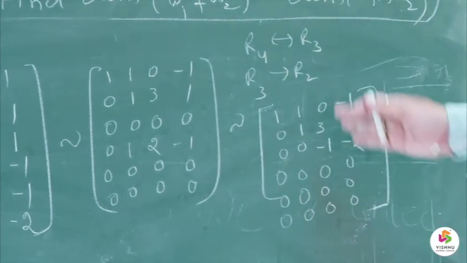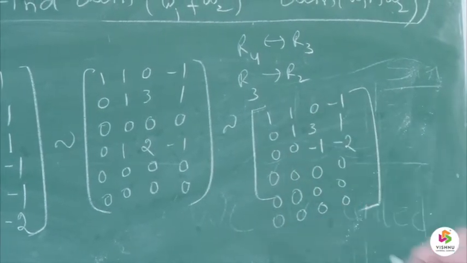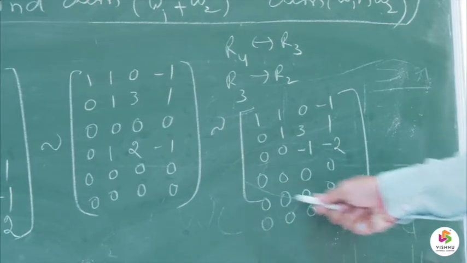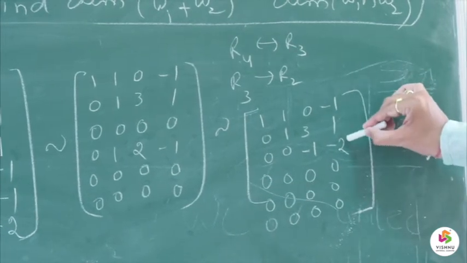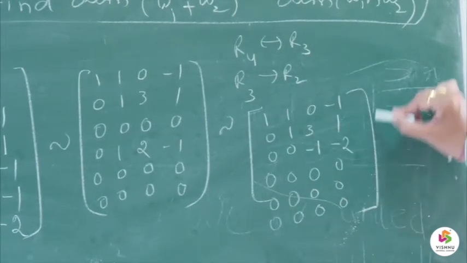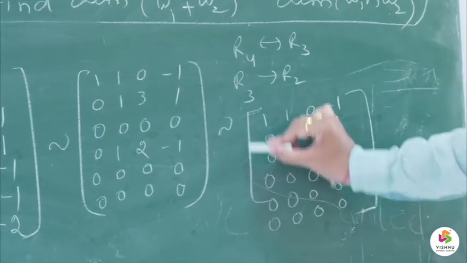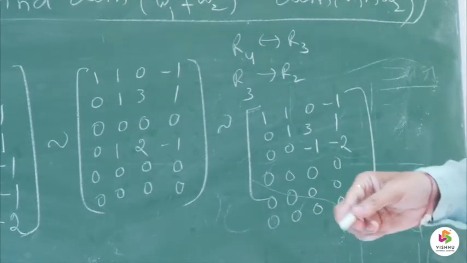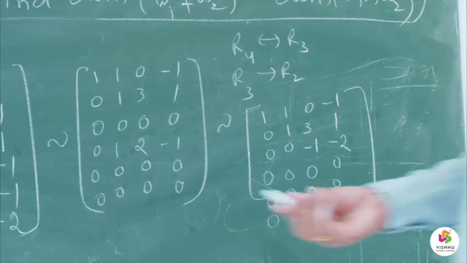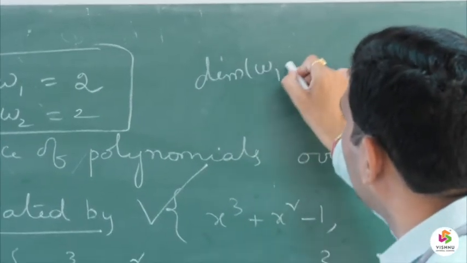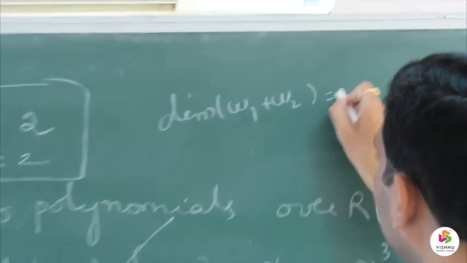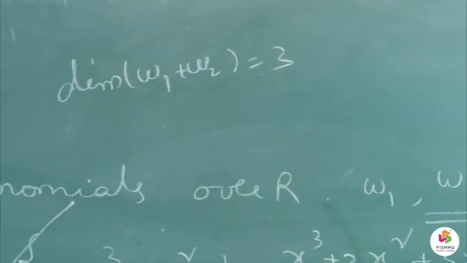Now you can calculate how many non-zero rows are there. So excluding the 0 rows here, you have 1, 2, 3, 3 non-zero rows are there. So these 3 non-zero rows will form a basis for W1 plus W2. So therefore we can say dimension of W1 plus W2 is equal to 3.